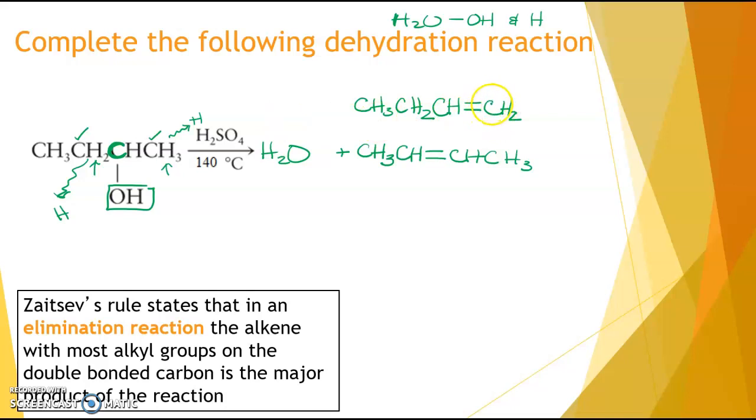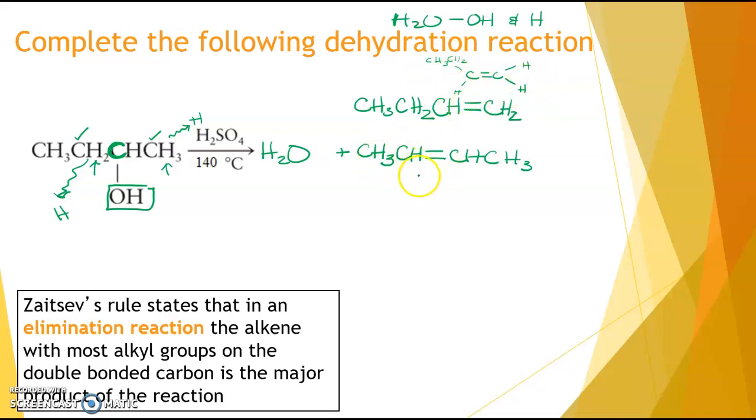So what we're talking about here is when we look here, we have this. If I want to think about my structure this way instead, because that kind of helps me visually, I have a hydrogen here, and then I have a CH3CH2. You'll notice in my double bond here, I only have one alkyl group, this one, because these are all hydrogens.